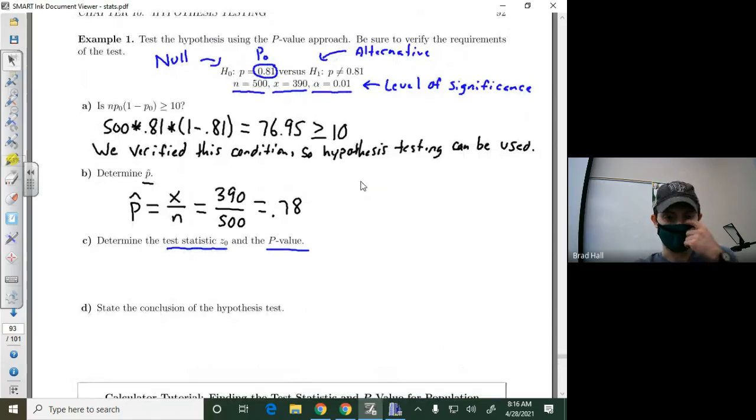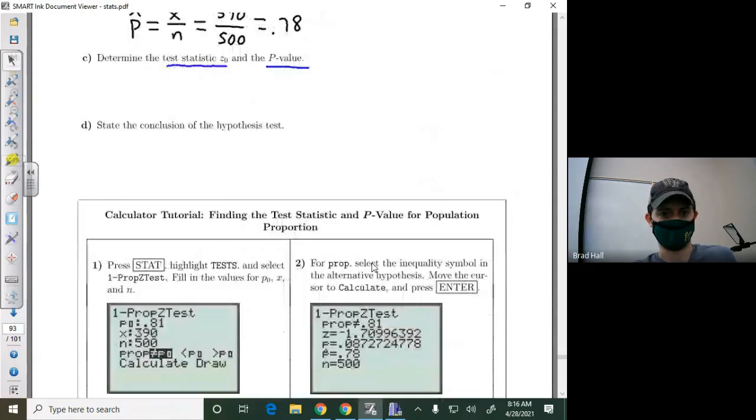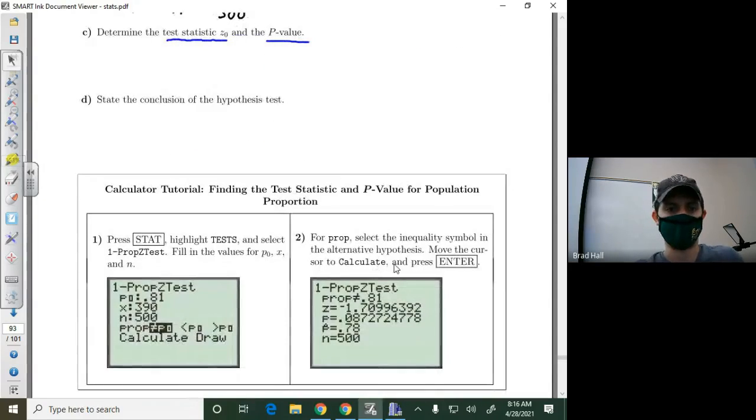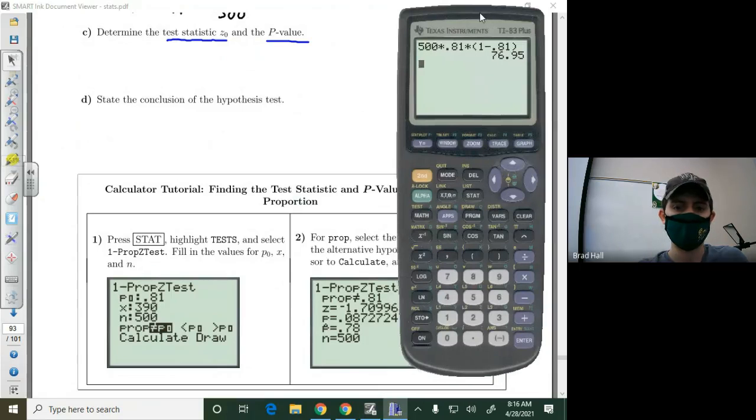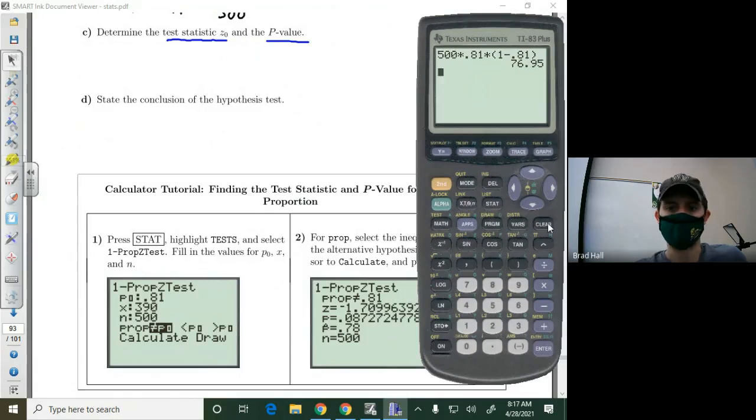So instead, the way we do this in the calculator, and I'll put this on the screen here as well. So we have a new calculator tutorial, finding the test statistic and the p-value for the population proportion.